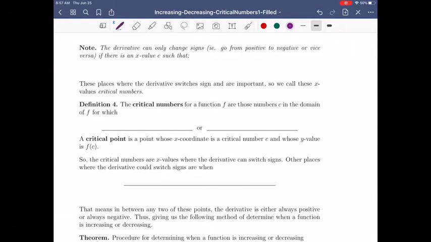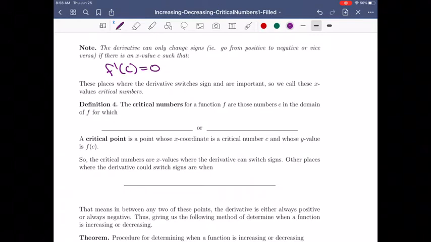So we talked about this a little bit in a previous video. But the derivative can change signs, so go from positive to negative or negative to positive, if there is an x value c such that either we go through a 0, so then we could switch.